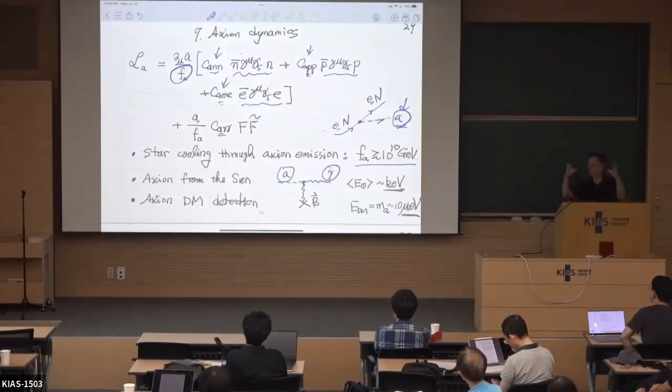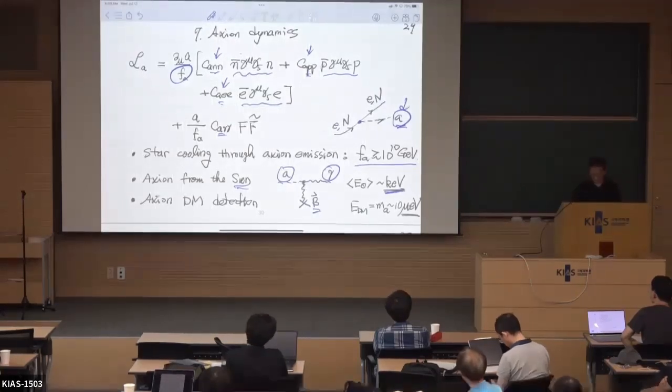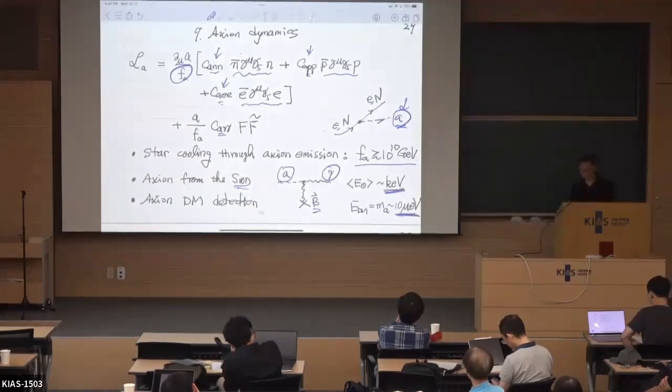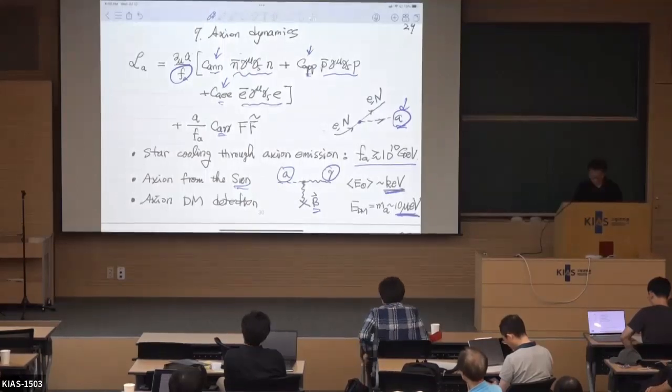And the photon frequency should be the same as the energy of the axion, or the mass of the axion. So for axions coming from the sun, this is typically in the keV range. If the axion is dark matter, floating around us and meeting a strong magnetic field, then it can convert to photons, for instance, if the axion mass is 10 micro electron volts. So this kind of search is going on, and we can actually try to observe the presence of the axion field.